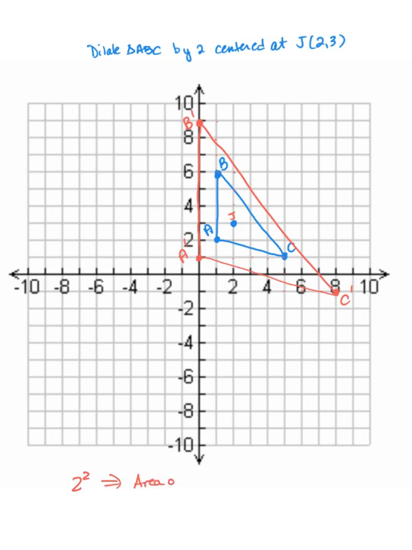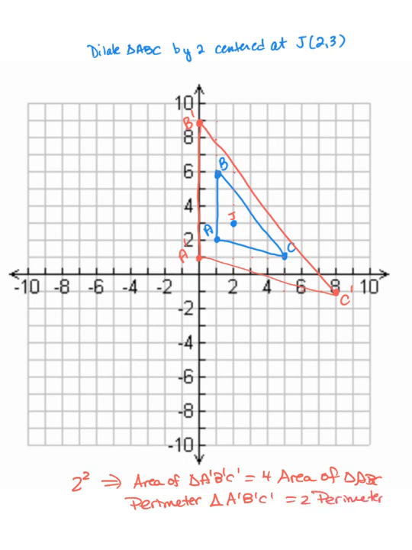So the area of triangle A prime, B prime, C prime is quadruple the area of triangle ABC, and the perimeter, which has the same scale factor, is just double the perimeter of triangle ABC.